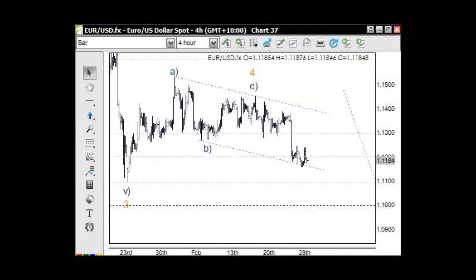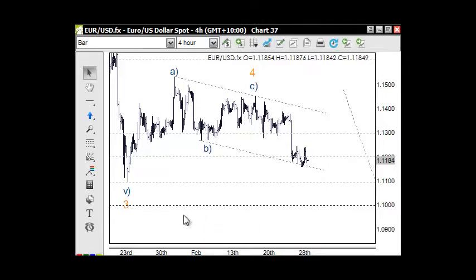Anyway, we'll get to those as I get ahead of myself. The euro US dollar, once again, I haven't labeled this as a triangle here, and it's certainly possible to do that as well. I just want to keep it simple for the time being, but the main point is we've always known that this is a corrective pattern because of this particular structure here being 3 waves. Whatever happens over here is part of that corrective pattern.